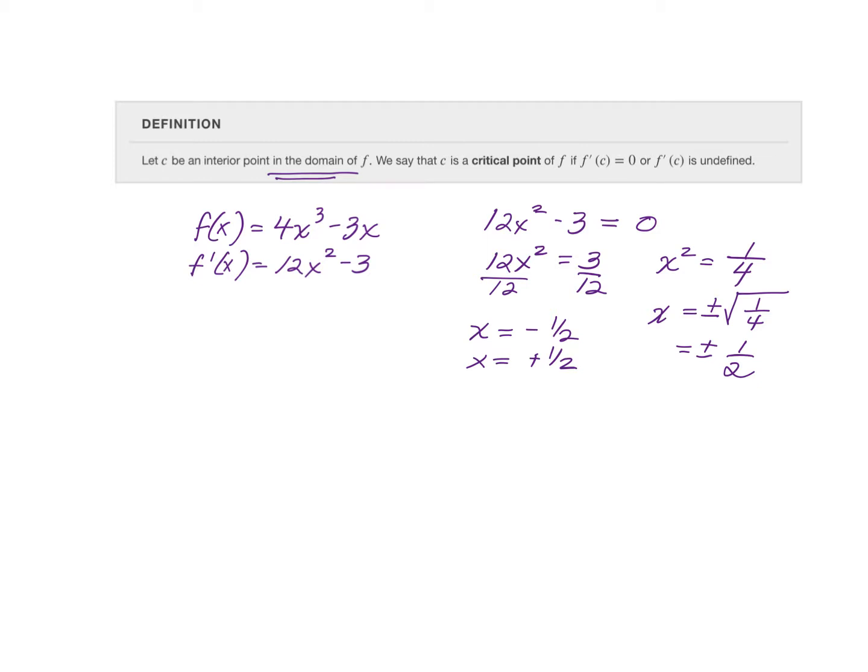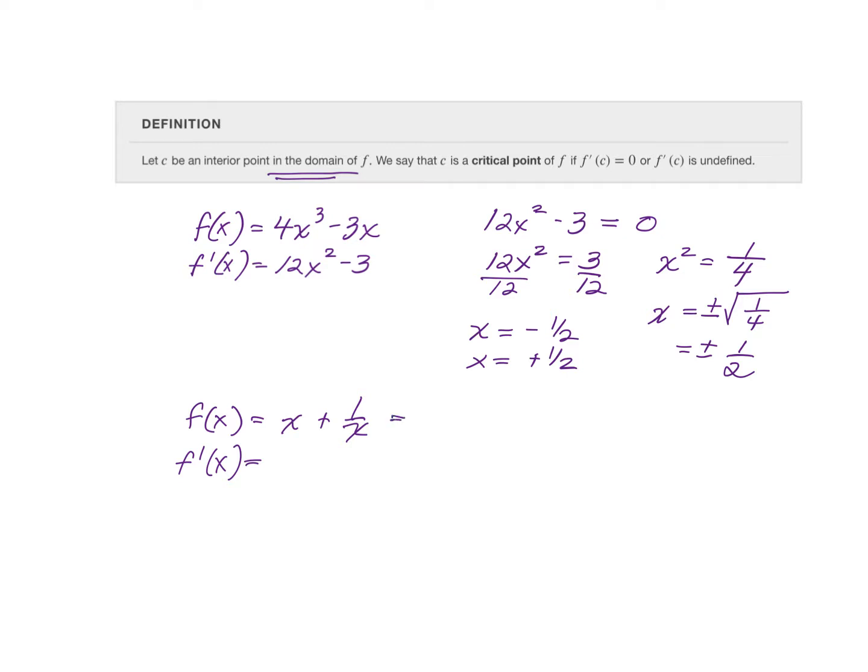The second example that I want to look at is f of x equals x plus 1 over x. Again, let's take the derivative. We can do this a couple of different ways. We could have combined these terms at first by getting a common denominator, or we can just take the derivative of each term separately.